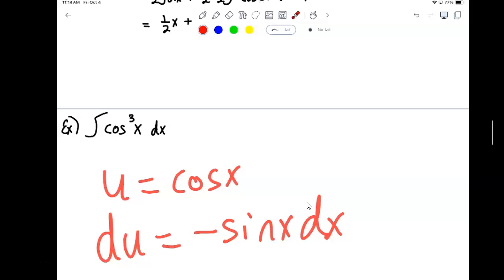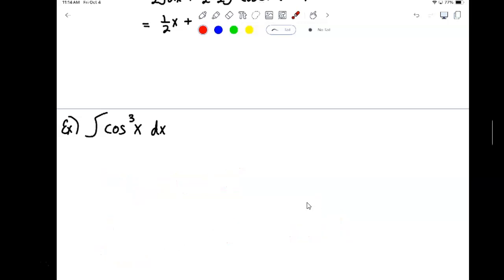And I can't just make this become u to the third, which would be really nice. Now, if there was a sine x in there, then I could just let u be cosine x, and then I could carry the substitution through. Okay, so that's the idea.